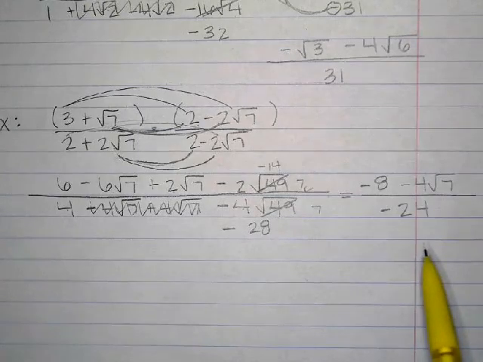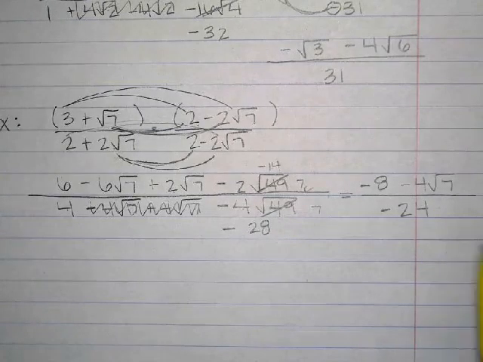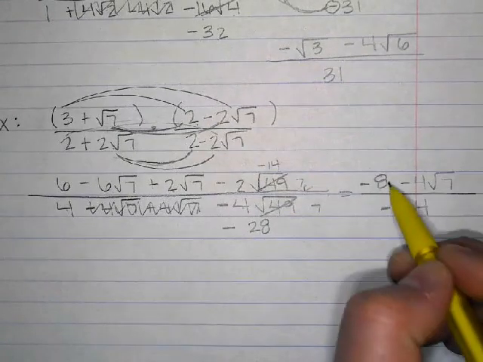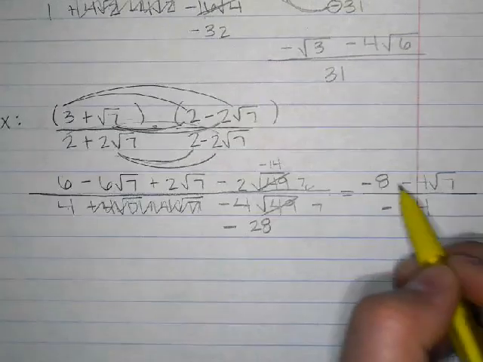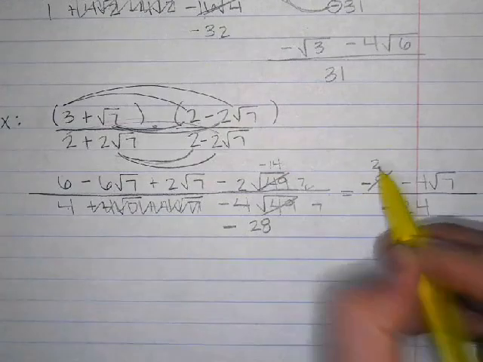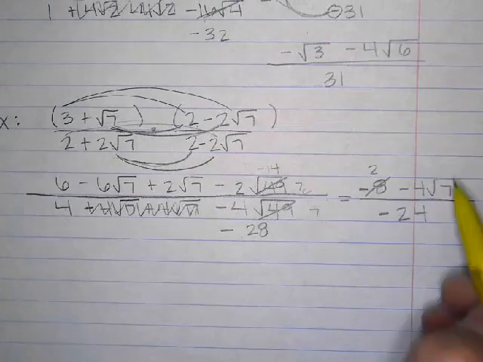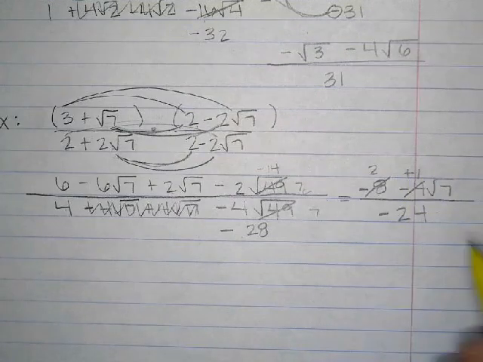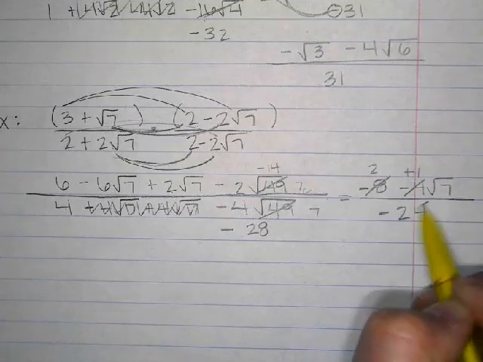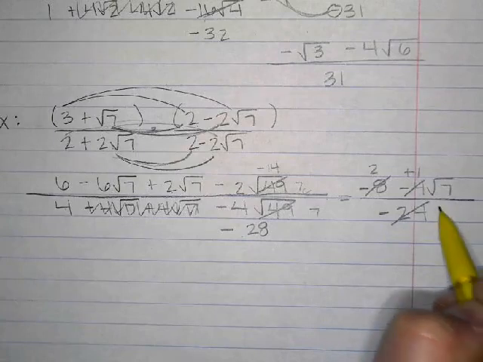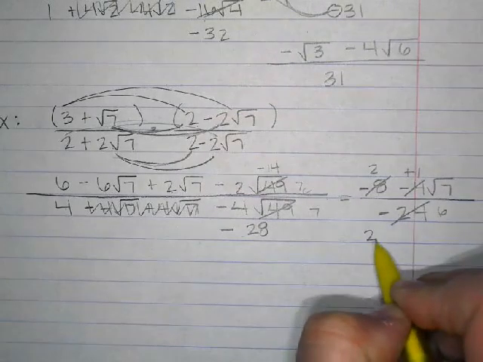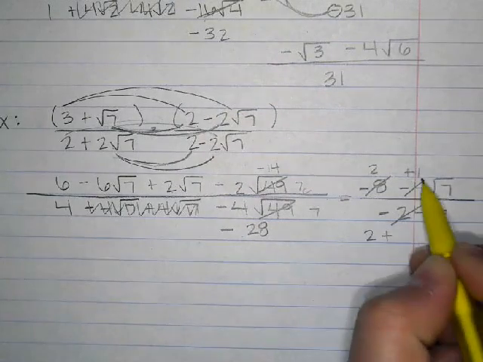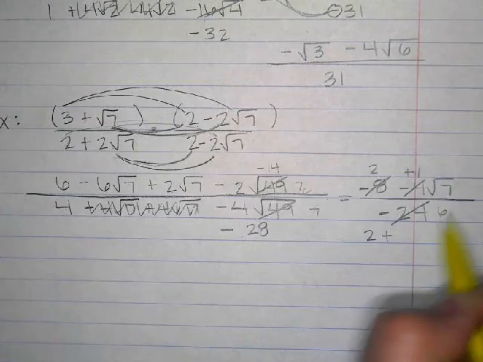So negative 8 divided by negative 4, positive 2. Negative 4 divided by negative 4, I'm going to write plus 1, positive 1. Negative 24 divided by negative 4, positive 6. So this is going to be 2 plus, you can write 1 root 7, or you can just write root 7, divided by 6. Ugh.